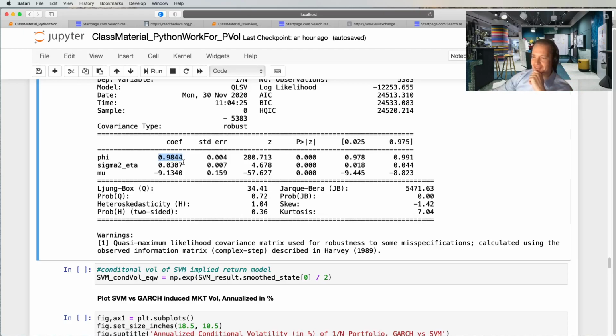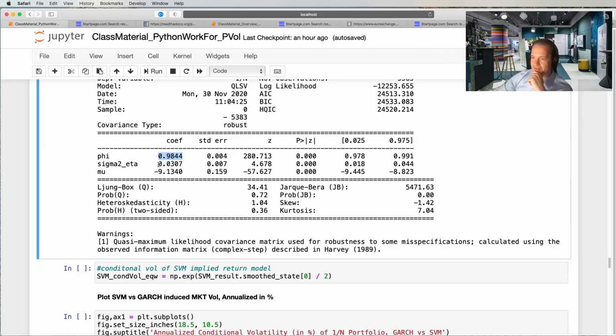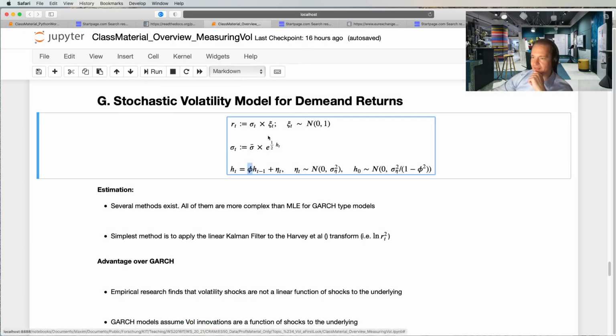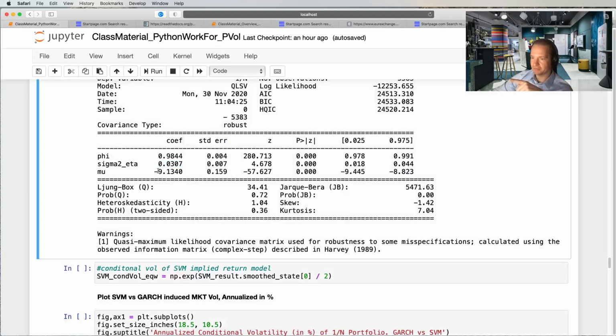There's always a challenge somewhere. So that is vol of vol. Why vol of vol? Because sigma is vol, and sigma is driven by a shock which has its own vol. And that is called vol of vol. Okay, so we have a vol of vol, and then there is a negative mu here. T statistics, highly significant.